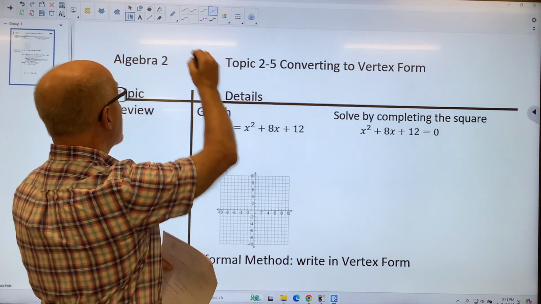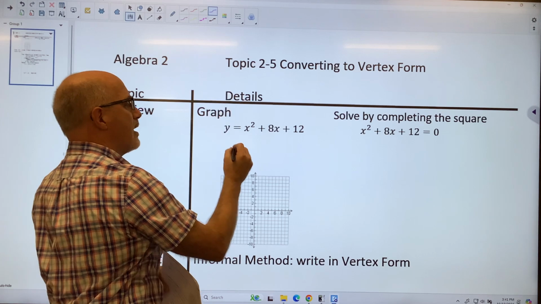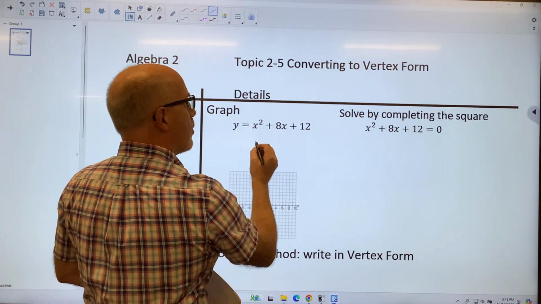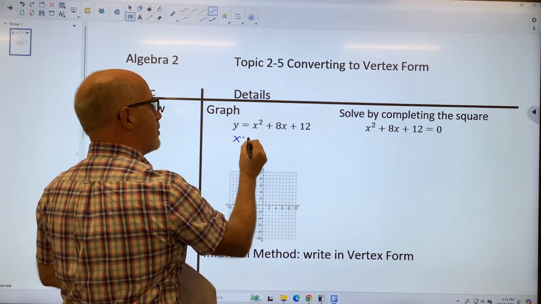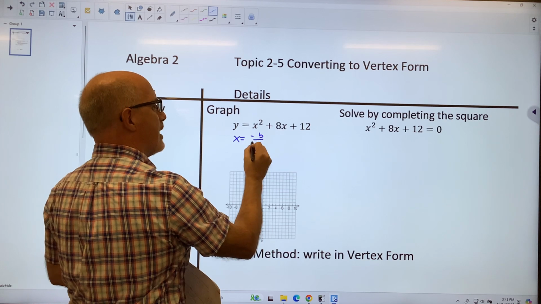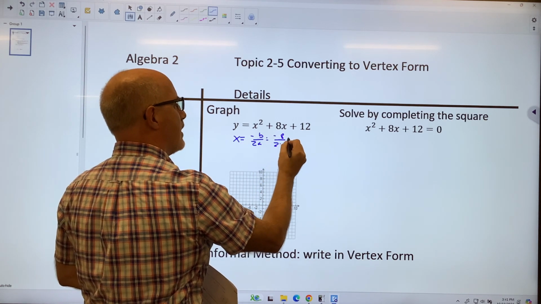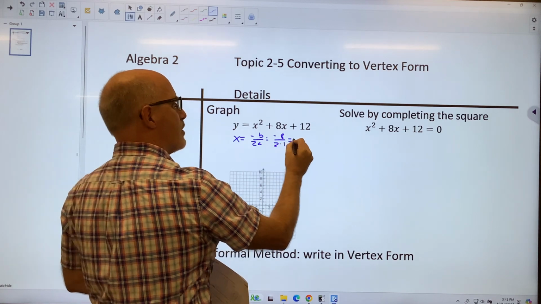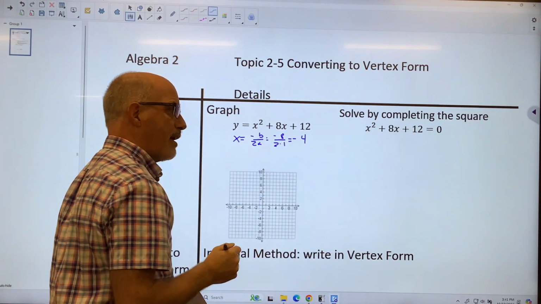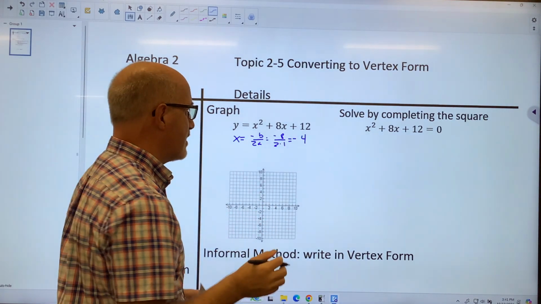So you have your graphing calculator, but using the technique that we know, we're going to take x equals the opposite of b over 2a to get the vertex, which is negative 8 over 2 times 1, which is negative 8 over 2, which is negative 4. So my x value at the vertex is negative 4.